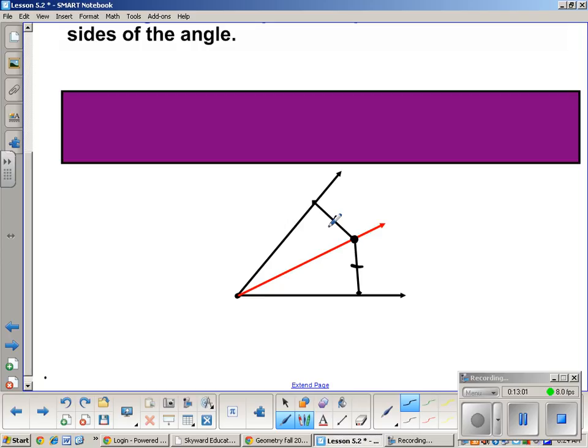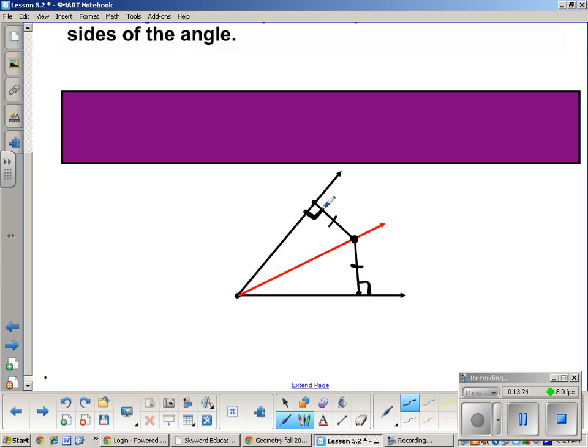Perpendicular. So that means I have to be saying these are perpendiculars. Okay? So those distances have to be equal if this point is on the angle bisector. Okay? Now, that seems really simple, right? Very straightforward.